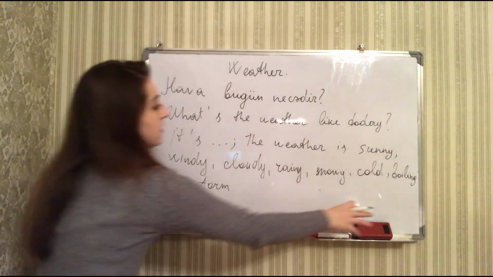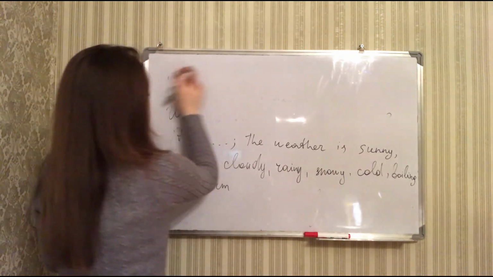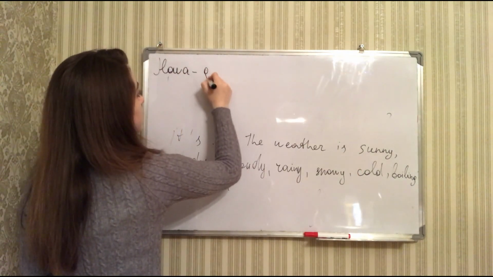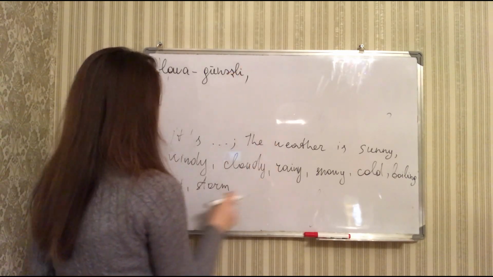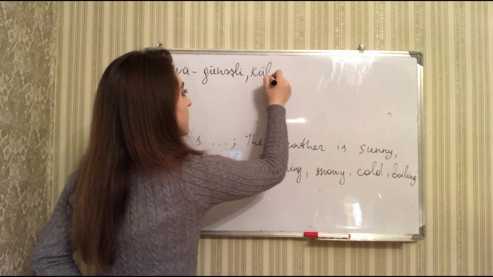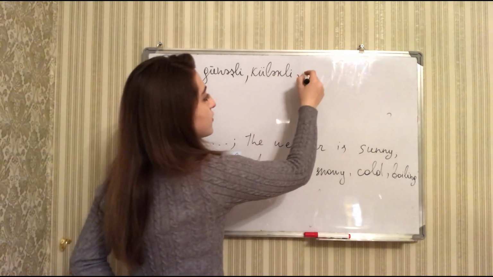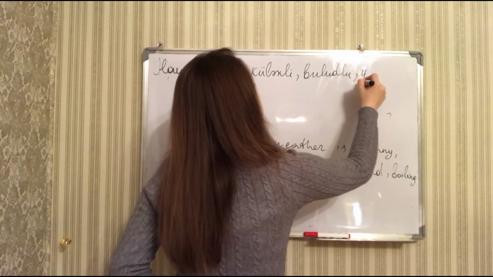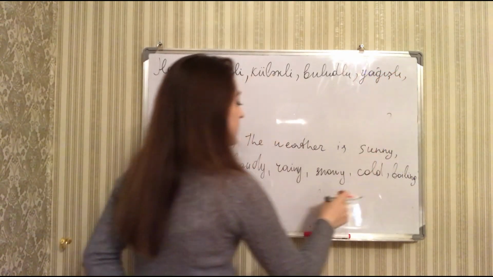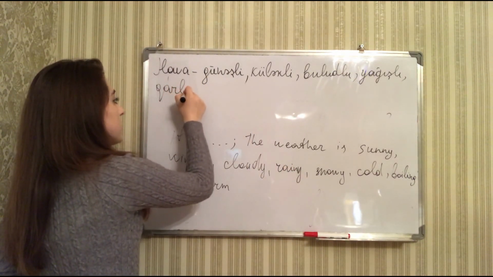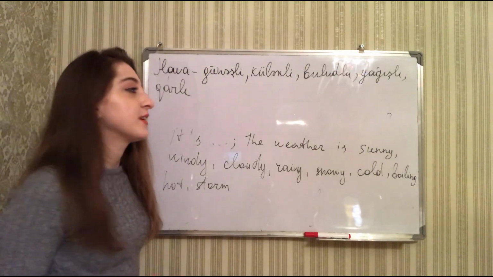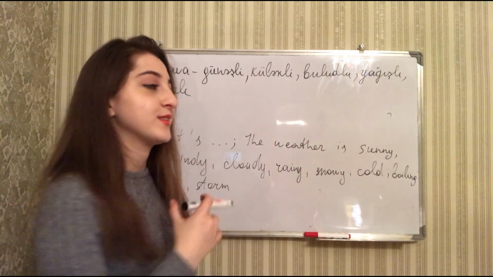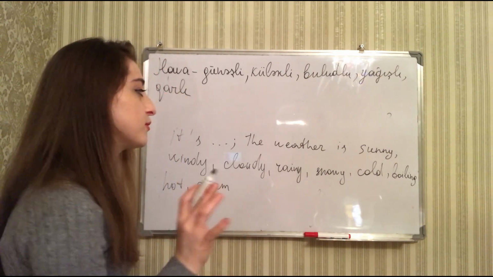Okay, now let's translate. Hava güneşlidir. Güneşli. Windy, küləkli. Cloudy, bulutlu. Rainy, yağışlı. Snowy, qarlı. Actually, we can't see snow in Azerbaijan for our climates. In fact, there are 9 climates in our country, but we can't see snow for 3 or 4 years, if I'm not mistaken.